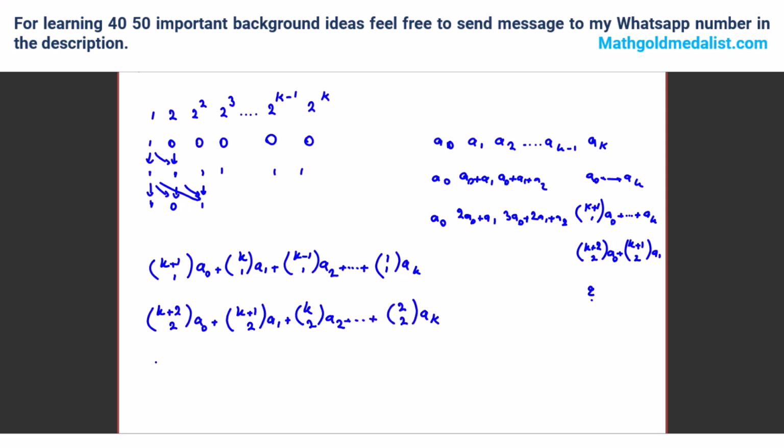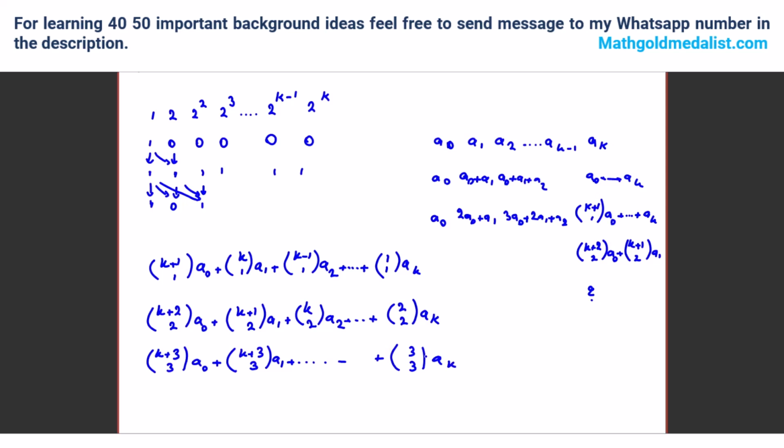Next line will be what? k plus 3 choose 3, A0, k plus 2 choose 3, A1, until k plus 1 choose 3, A2, until 3 choose 3, Ak, right? We should say this.